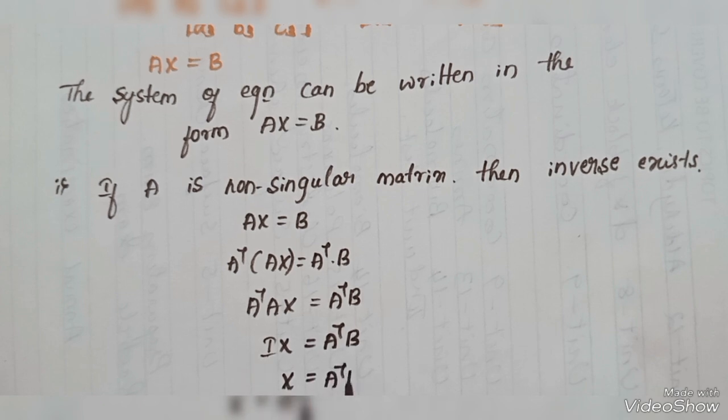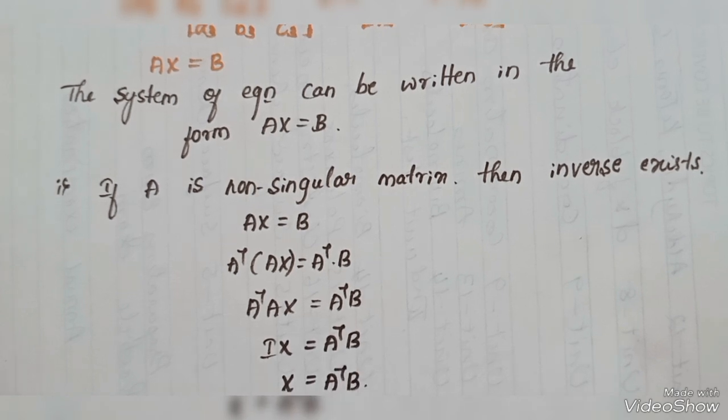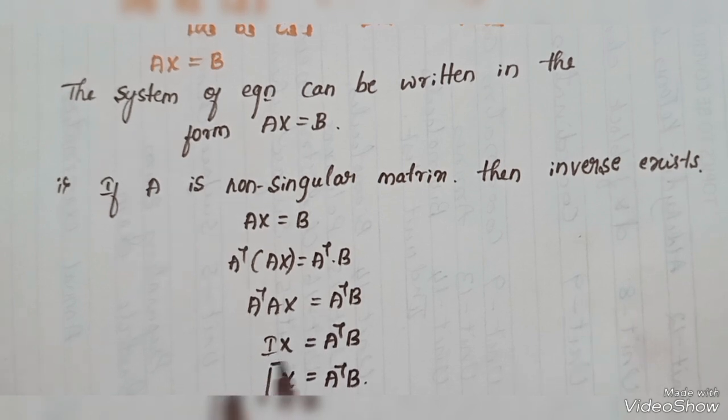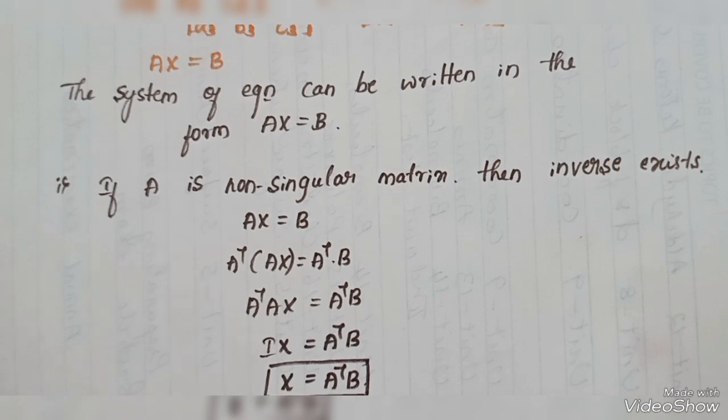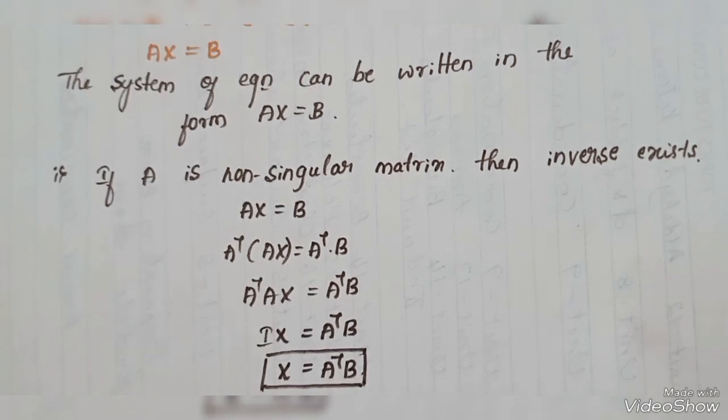X equals A inverse B. Therefore this is the solution of the given system of linear equations. Now we have to solve the problem, and when we solve it, it will be clear.